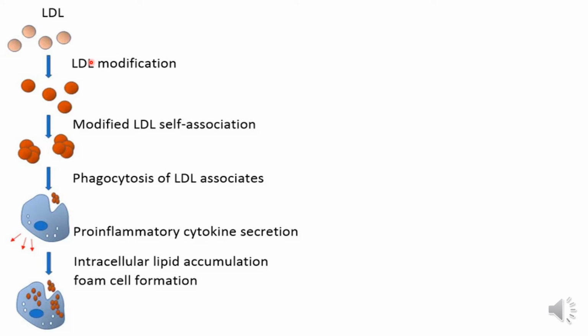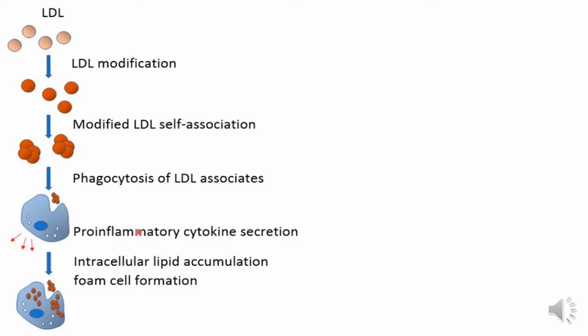Once this LDL is modified, it will form aggregates, and these are known as modified LDL self-associations. And these modified LDLs which form aggregates are taken up by the macrophages by phagocytosis.